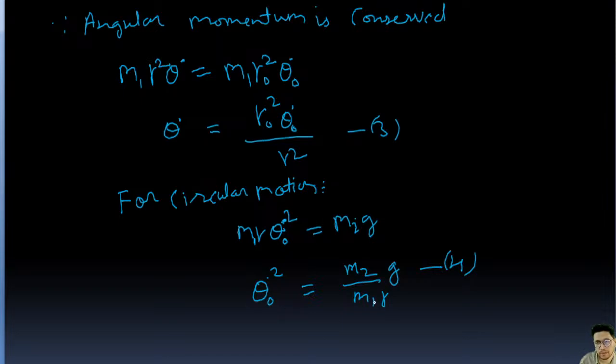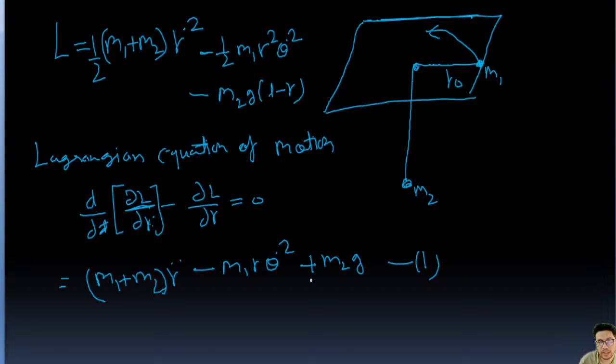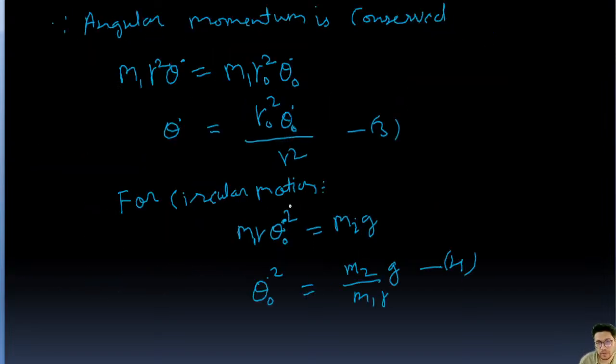We need the theta dot square value, so we'll square it. This is going to be theta dot square, and here we'll put the value of theta naught dot square from here, and we get this value.